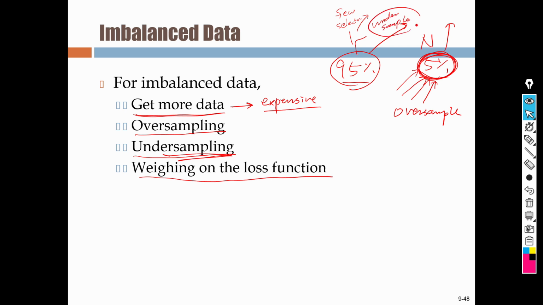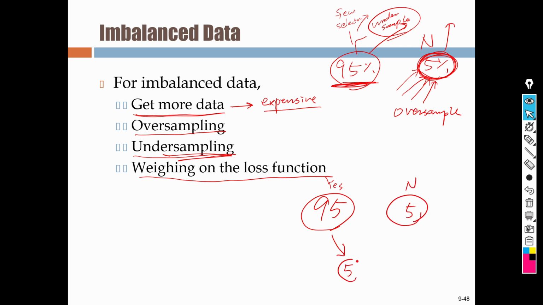So undersampling is easy, even though I have a lot of them. I collected 95 student information who said yes, and I have only 5 students who said no. Then I collect only 5 here, and then all 5 here.